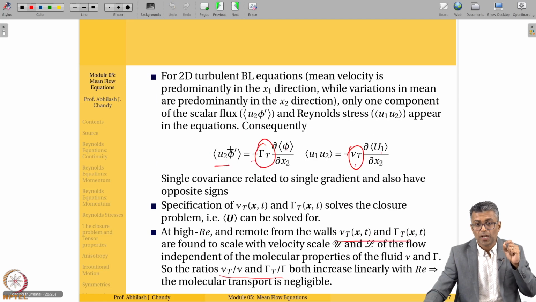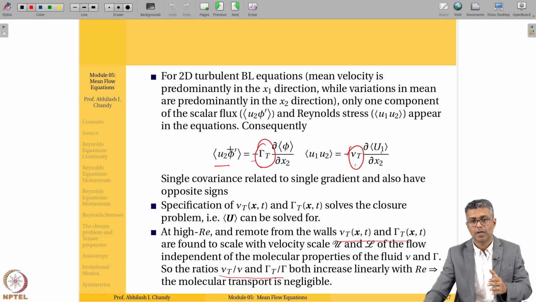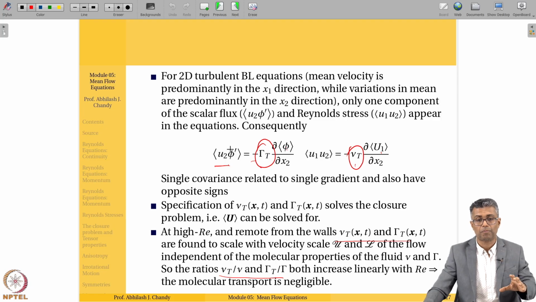So what we have done is we've taken the Reynolds equations and the mean scalar equation and expressed them in terms of this new coefficient of viscosity. It is a turbulent flow property, which is why it is a turbulent viscosity or a turbulent diffusivity. It is a hypothesis coming from the gradient diffusion hypothesis or the turbulent viscosity hypothesis.